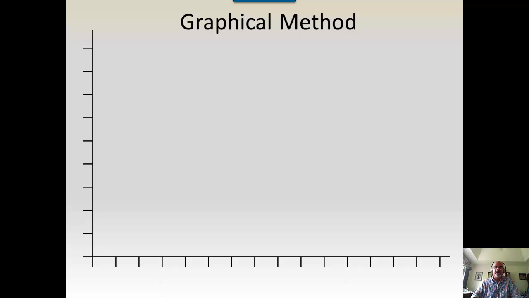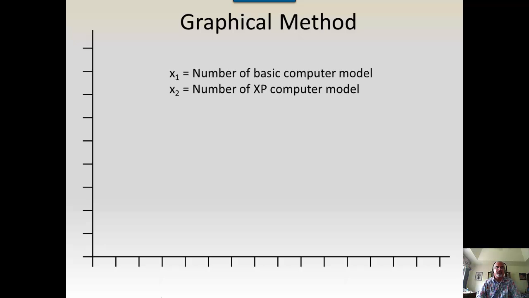So in the graphical method, of course, you have an x-axis and a y-axis, and we assign one of the two models to the x-axis and the other to the y-axis. So for example, like this, x sub 1 would represent the number of Basic models, and we assign x sub 1 to the x-axis, and we assign x sub 2 to the y-axis, and that will represent the number of XP computer models.